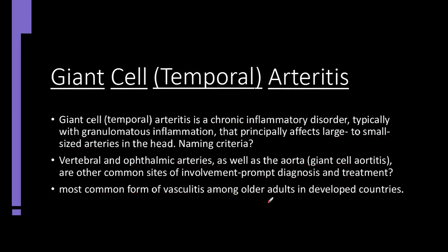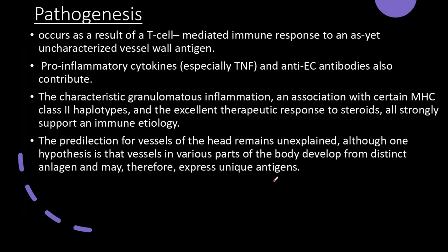Now, let's look at pathogenesis. It is T-cell mediated. It is thought to be a T-cell mediated immune response to a vessel wall antigen which hasn't yet been characterized. Now, pro-inflammatory cytokines, especially tumor necrosis factor, and anti-endothelial cell antibodies also contribute.